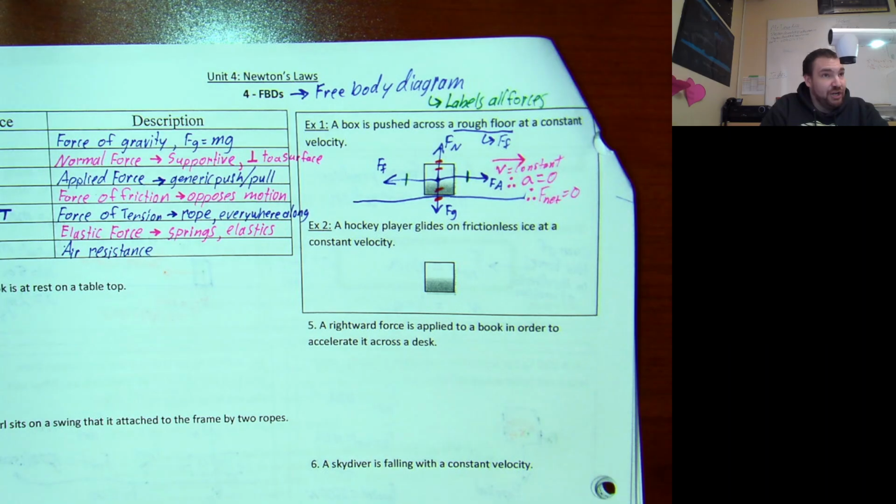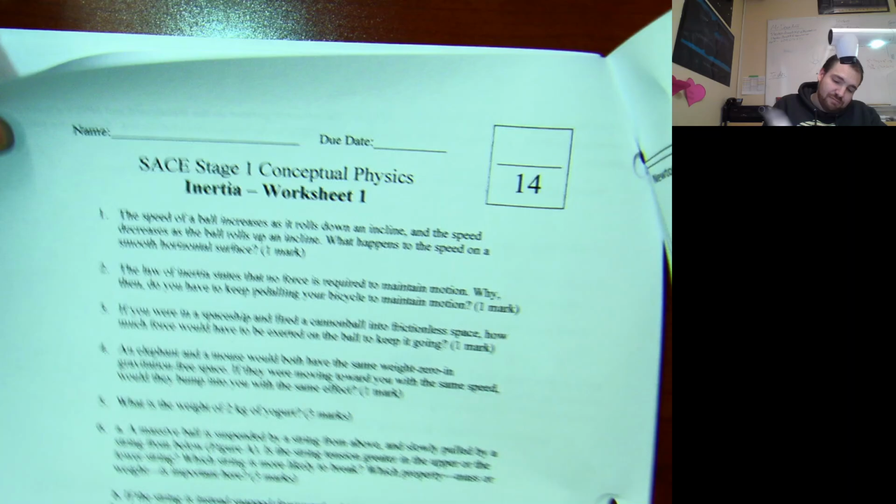Because we know an object in motion will stay in motion, and an object at rest will stay at rest unless acted on by a net force. So the box is moving. It is going to continue to move unless we allow a net force to act on it.